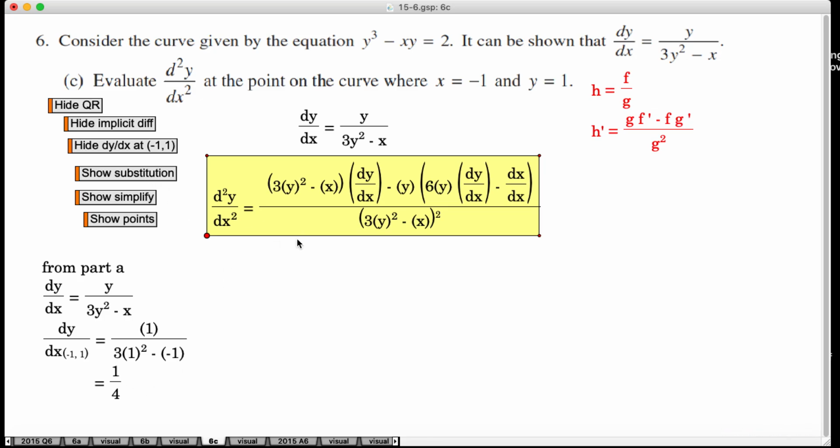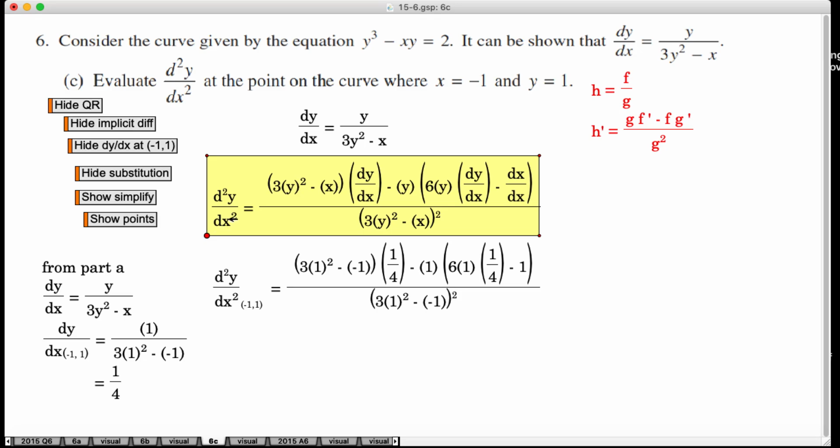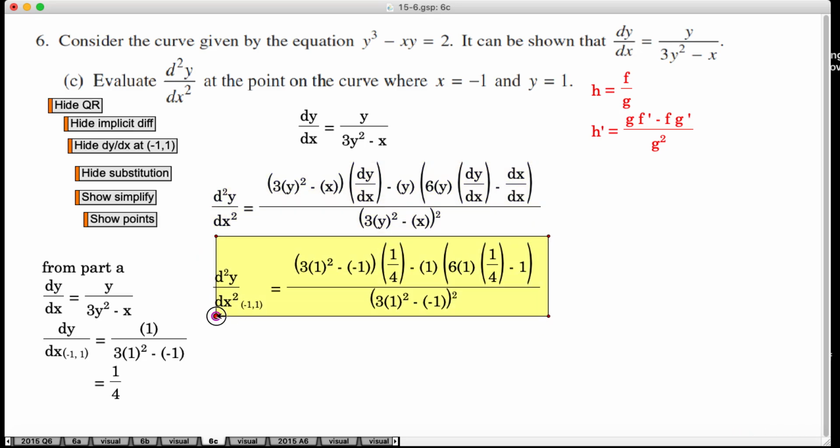So what I'm going to do now is substitute all the values in. So for y, it's 1. Y is 1, so every place there's a y, I put a 1. X is -1, so plug in -1s for x. And then for dy/dx at this point, I'm plugging in 1/4. So I substitute all the values in there.